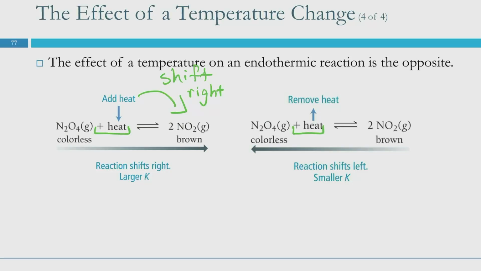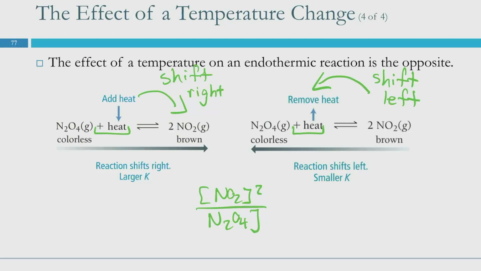Just like with a concentration change, if we remove heat, we shift towards the side that we removed something from. And our K changes accordingly. You can write out the expression if you want to.